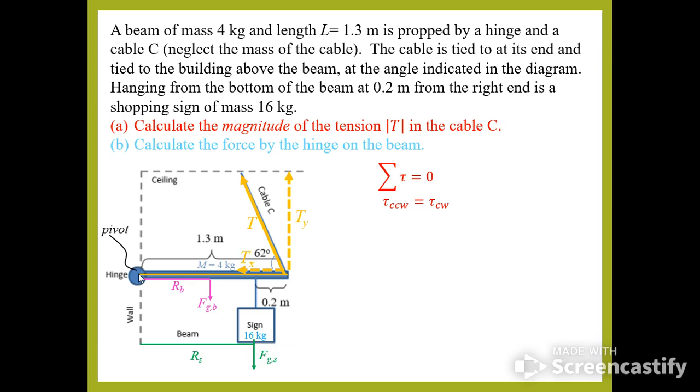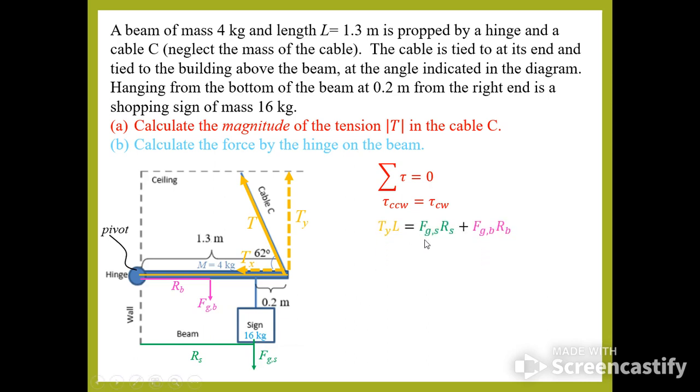If we look at this schematic, we notice F_g naturally, if you release it, the beam will rotate clockwise, and the weight of the sign will also cause the beam to rotate clockwise. So we have two vectors that contribute to the clockwise rotation, while the vertical component of the tension will cause the system to rotate counterclockwise. So we have a balance here, a clockwise and a counterclockwise.